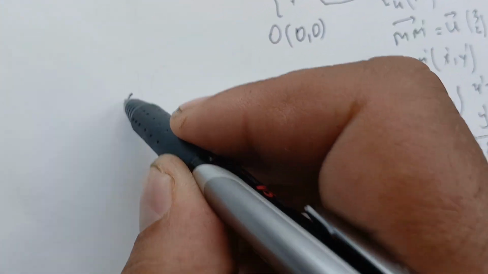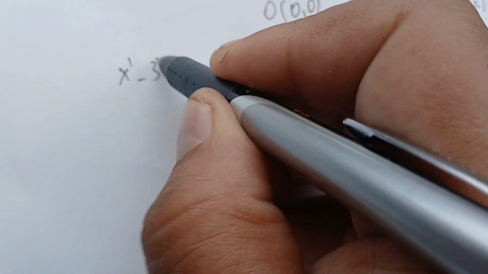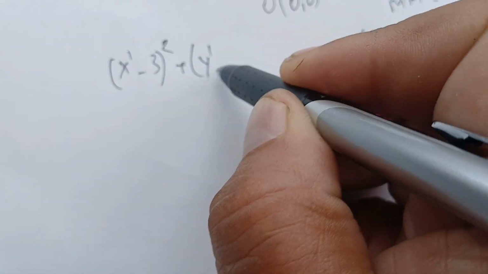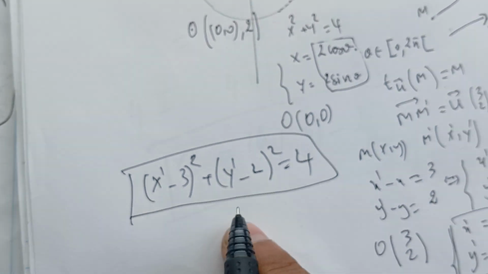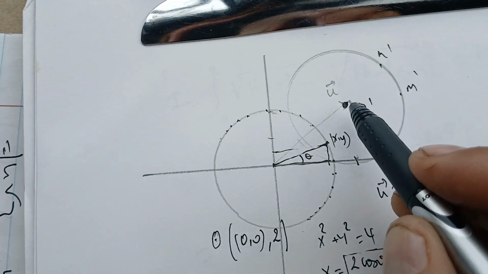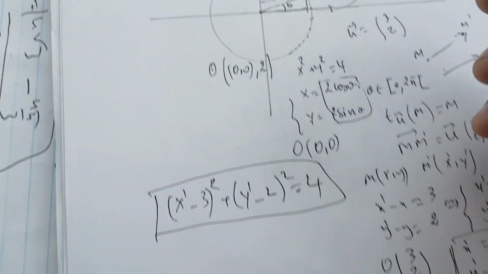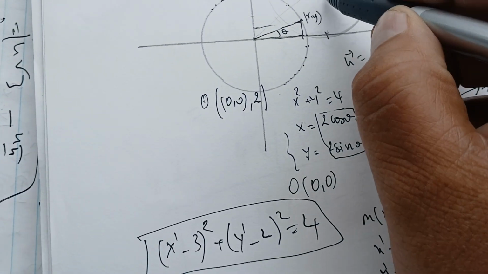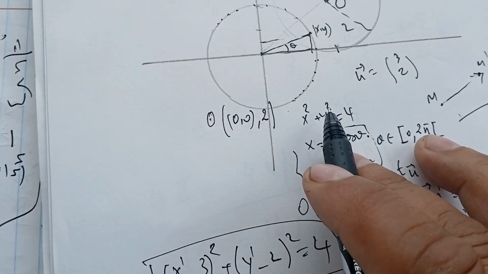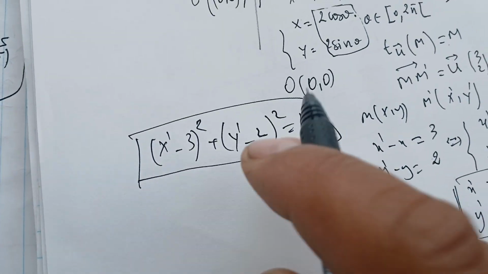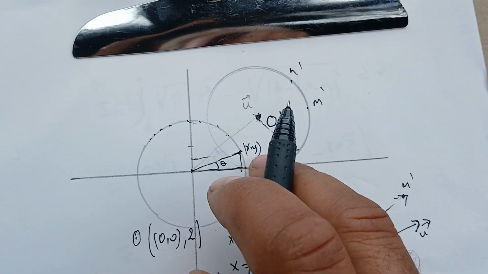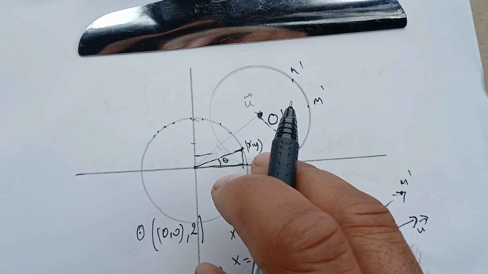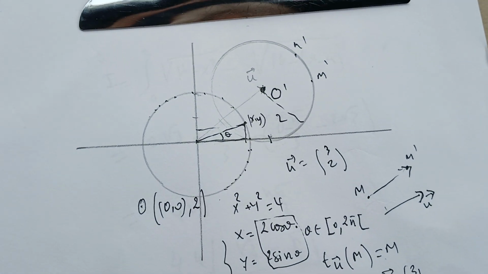That means I get a new circle given by x prime minus 3 squared plus y prime minus 2 squared equals 4. So this is a new circle centered here and has radius 2. Okay, so this is 2. This proves that the image of the circle under this translation is this circle here. Okay, and that's what we needed to show.